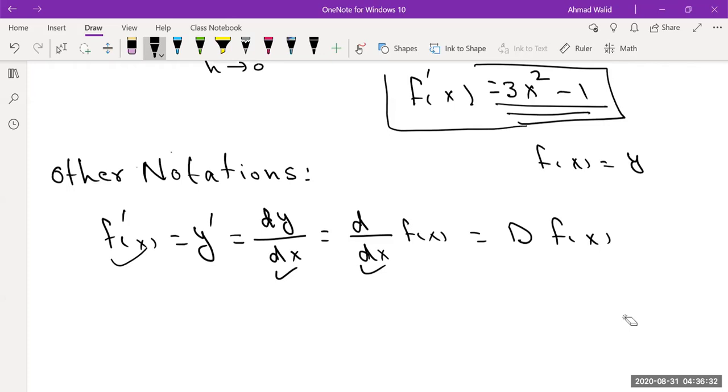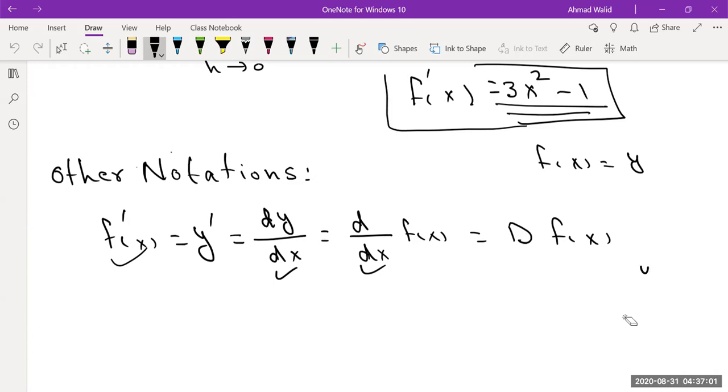The f prime notation was actually introduced to us too late, after years and years since they found calculus. There was another mathematician, I forgot his name. I think he is from Canada. He introduced the prime notation for us. Before, everyone was using this, correct? Even Sir Isaac Newton used this.